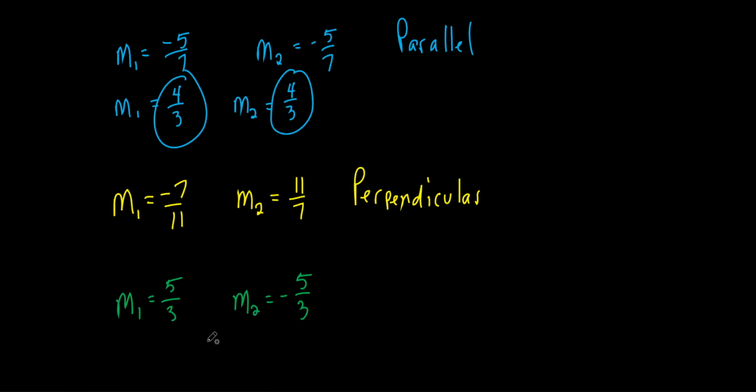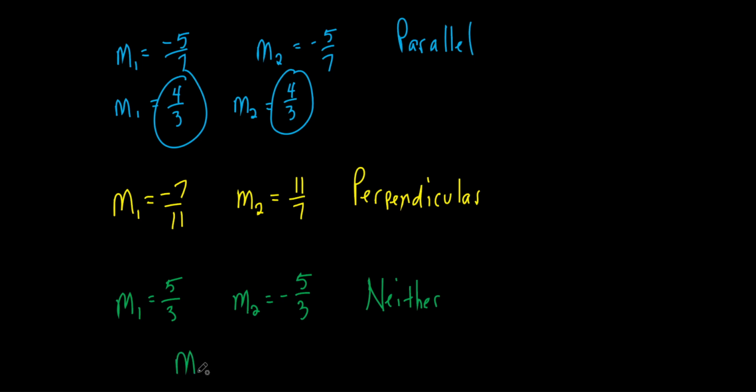Why not? One's negative, one's positive. Means they're not exactly the same. Are they perpendicular to each other? Well, one's positive, one's negative, but you didn't flip the other one, right? Okay? So what you would say on this one is you would say neither. They're neither parallel nor perpendicular. Everybody got that? All right.